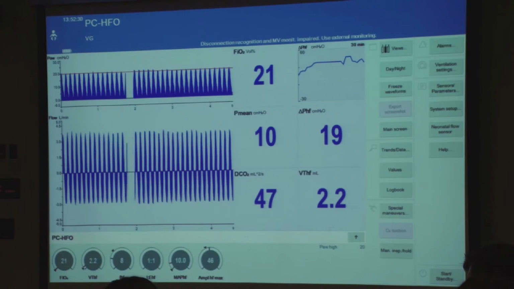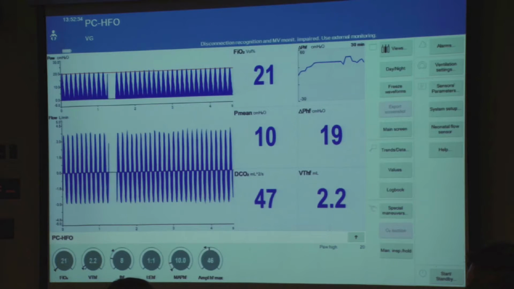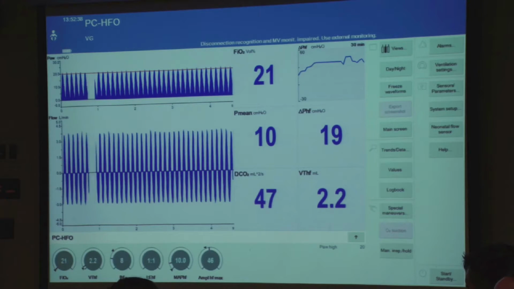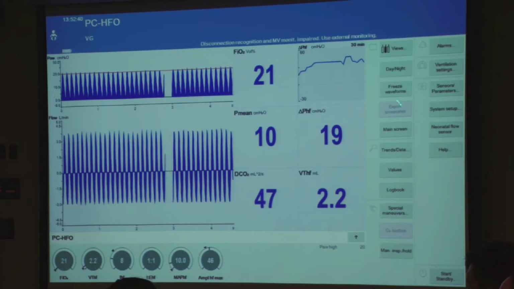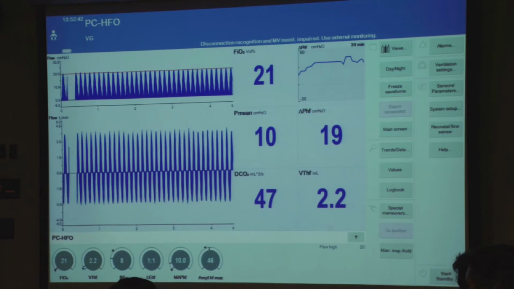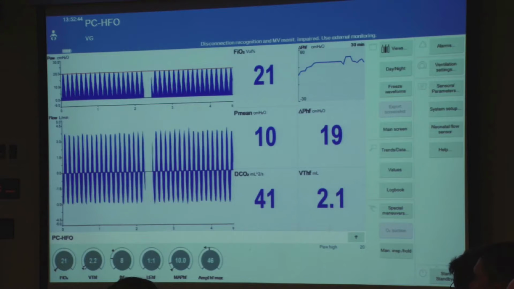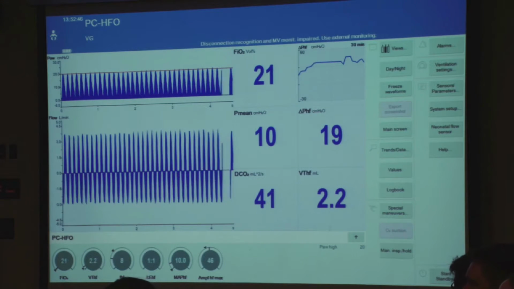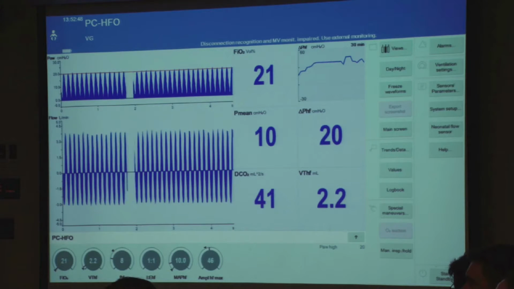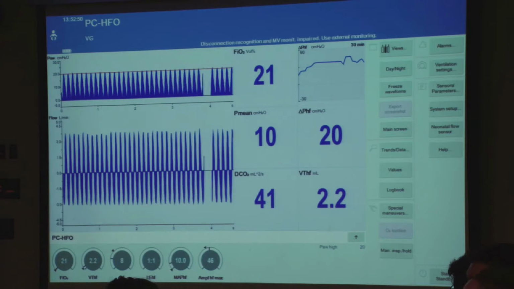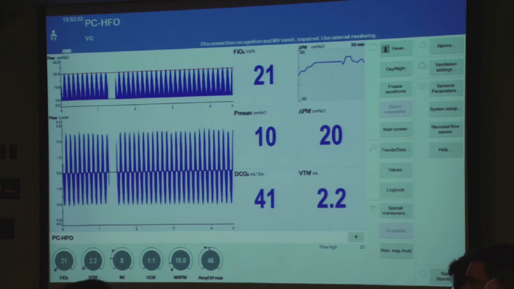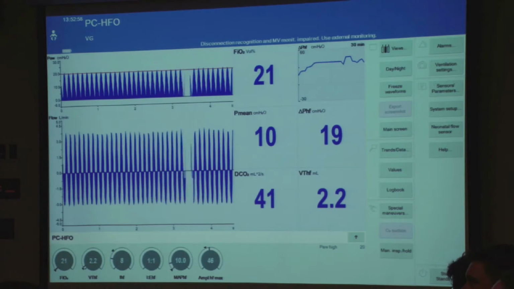Why? Because it goes from one pattern to the other. Now the objective of the ventilator is to keep the VTHF constant, so it will dial down the delta P. And the baby was kept very constant during the whole night with a PCO2 of 70.